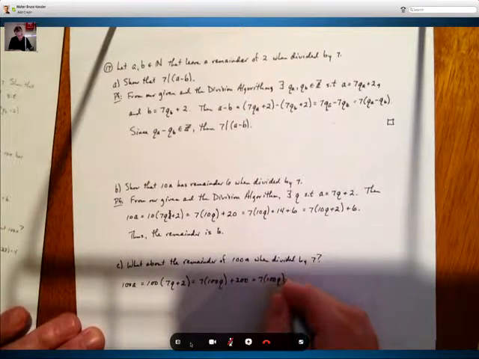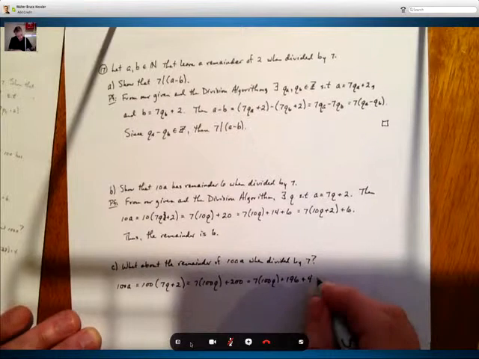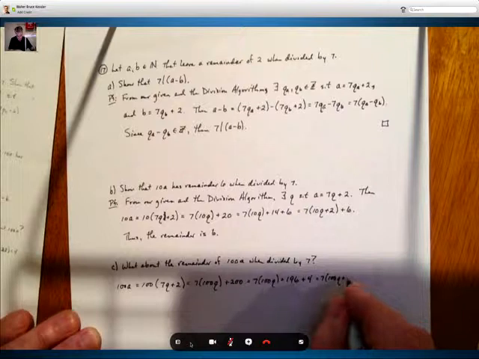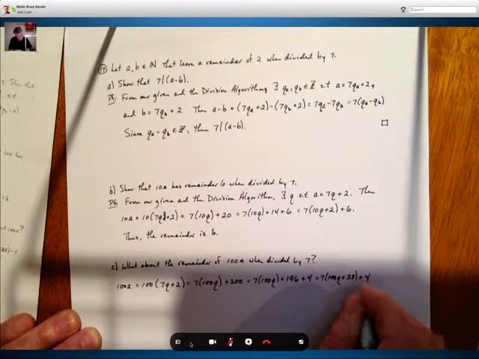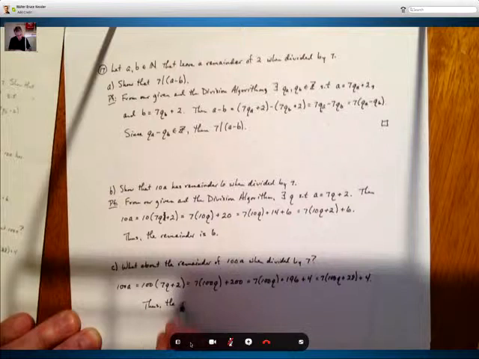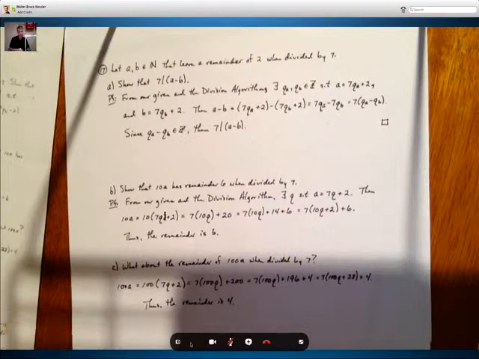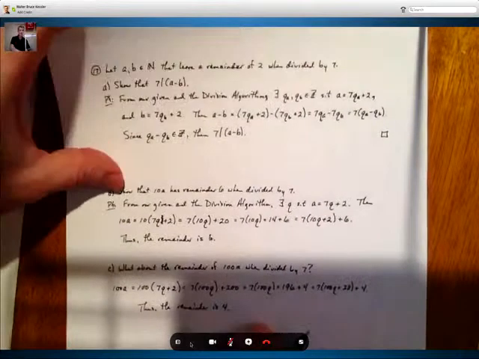So 196 is what I can pull out of that. And so that is 7 times 100q, and I think that's 28 plus 4. So your remainder is 4. Okay, so I think you see where we're going there.